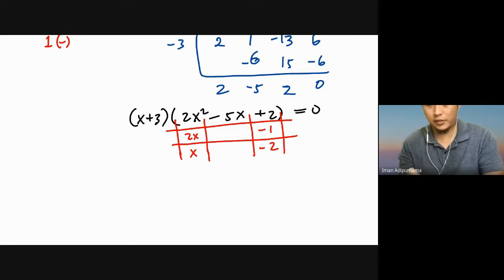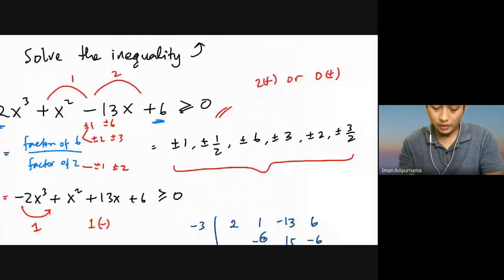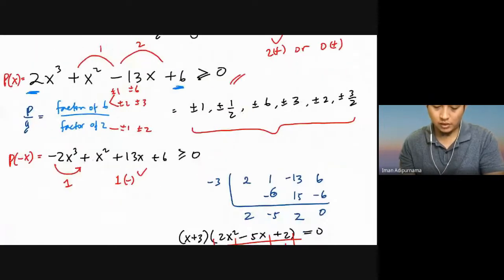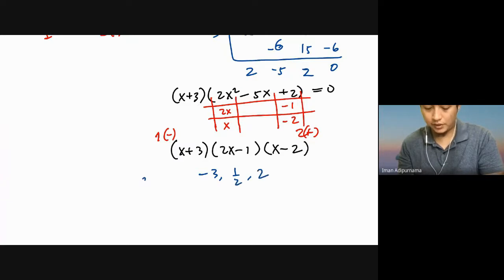Yes, that's correct, right? So you will have 1 negative zero, and 2 positive zeros, so this is correct. This is our zeros. The zeros are negative 3, half, and 2. Let me write this as zeros.